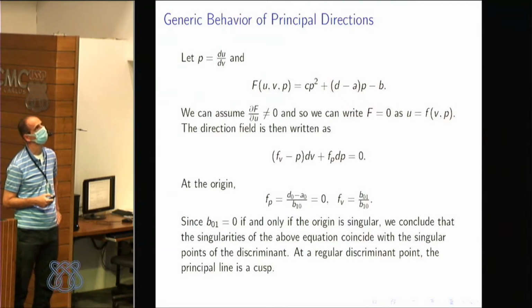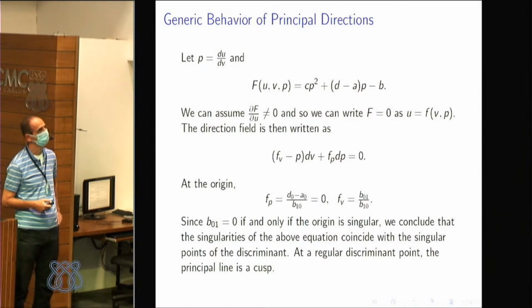Here we calculate the generic behavior of principal directions. This is quite standard. You consider the surface f equal to 0, corresponding to the solutions of the binary differential equations. This f equal to 0, you can write as a function of v and p, and the direction field is then written with this equation.